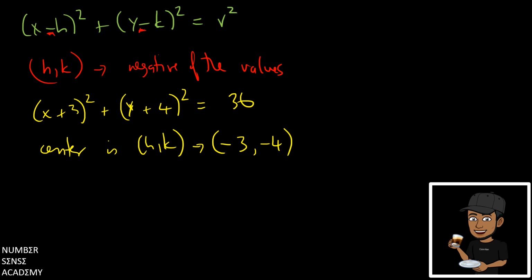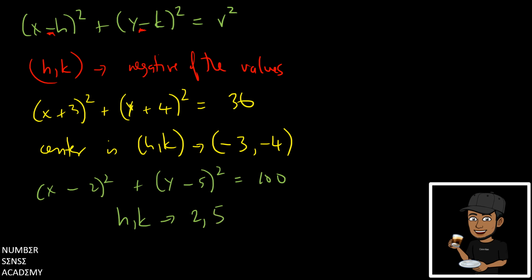If I have another example where I have x minus 2 squared plus y minus 5 squared equals 100, then h and k in this case is 2 and 5. So you always just take the negative. I'll give one last example.